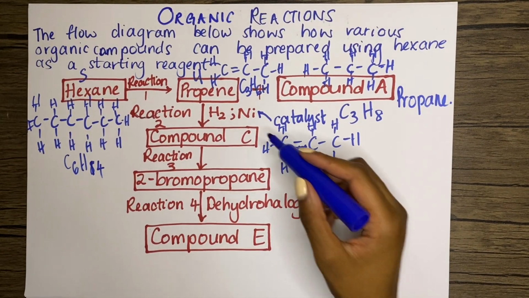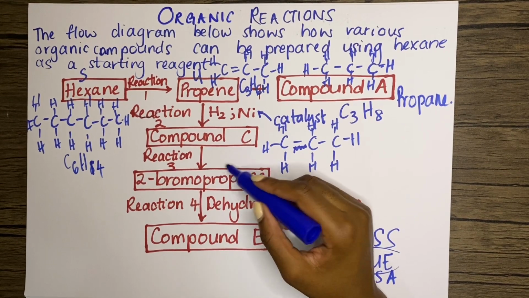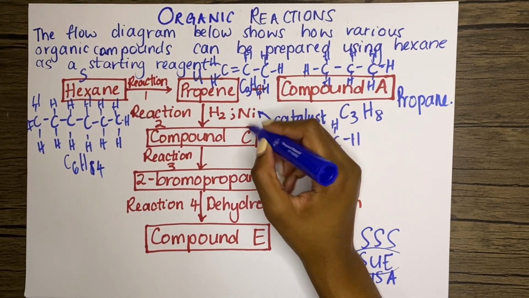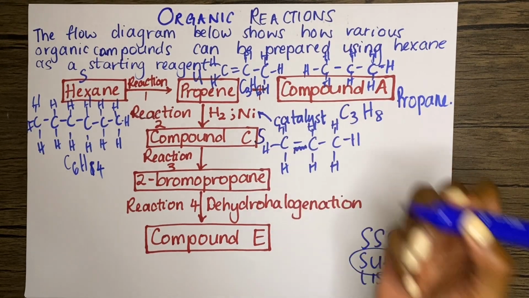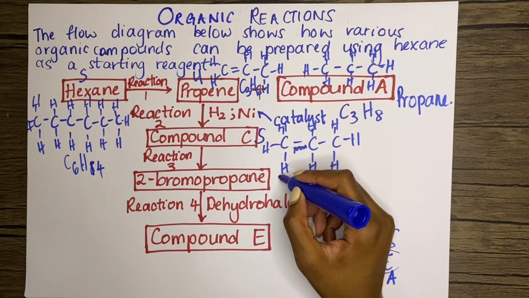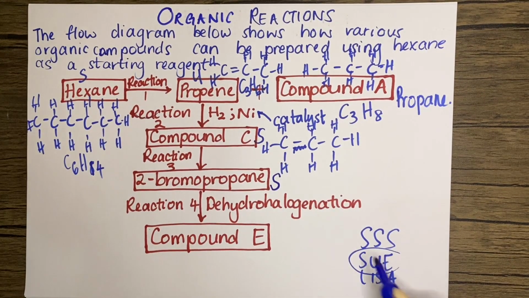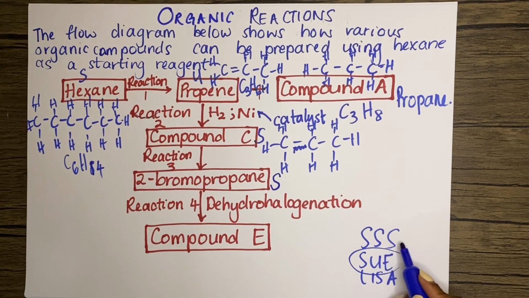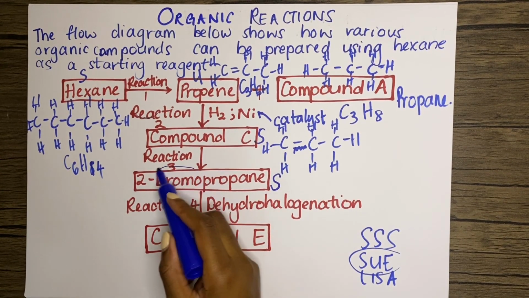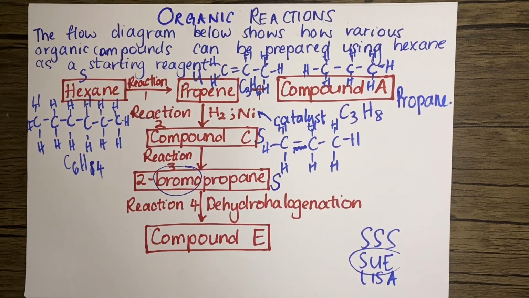And then they say compound C undergoes a reaction. So compound C is obviously a saturated compound. It undergoes reaction 3 to form another saturated compound. So saturated to saturated, that means it must be a substitution reaction, right? They say in that substitution reaction, there's now a halogen that is introduced, bromo in the second carbon.